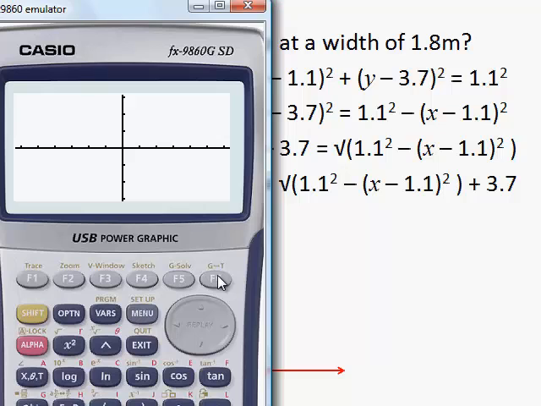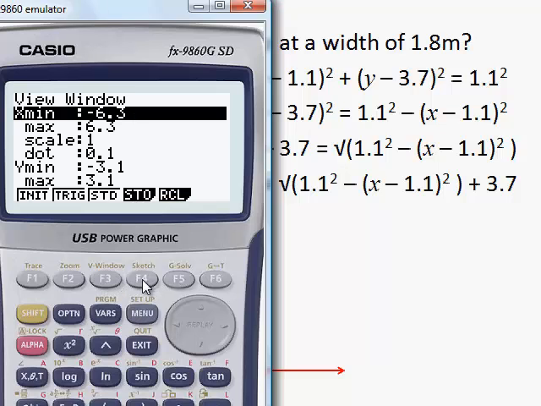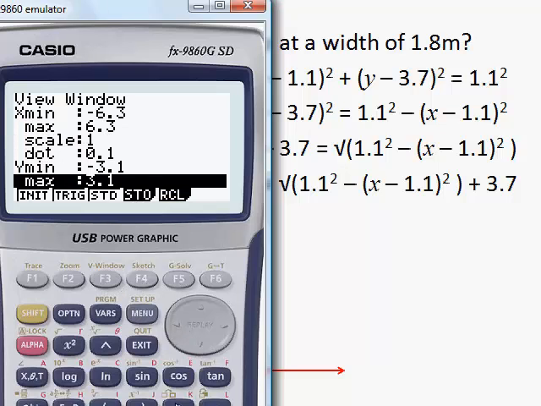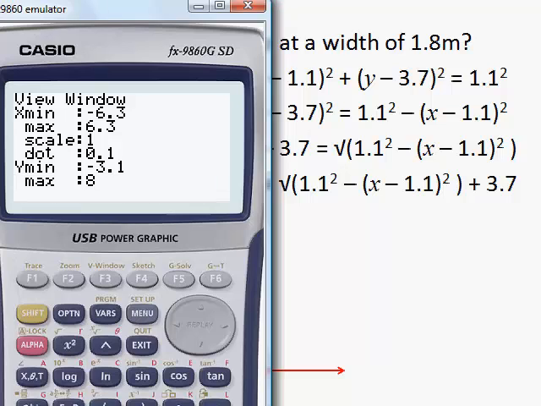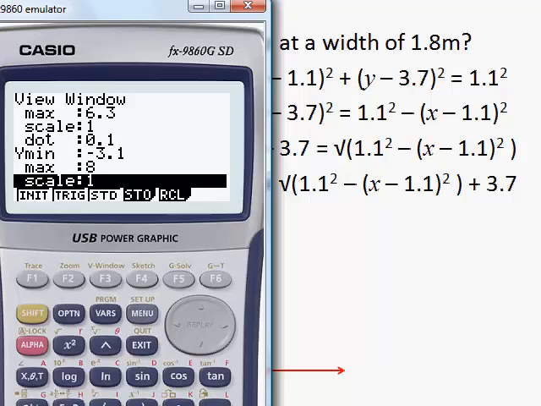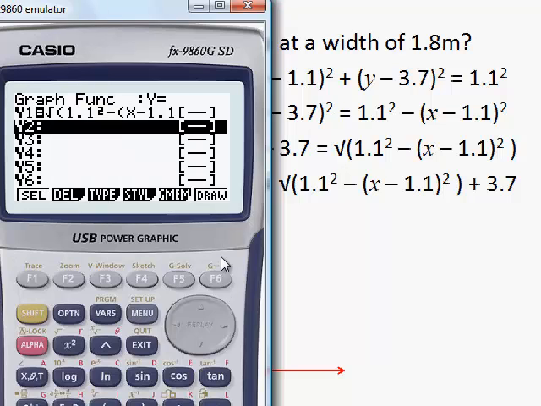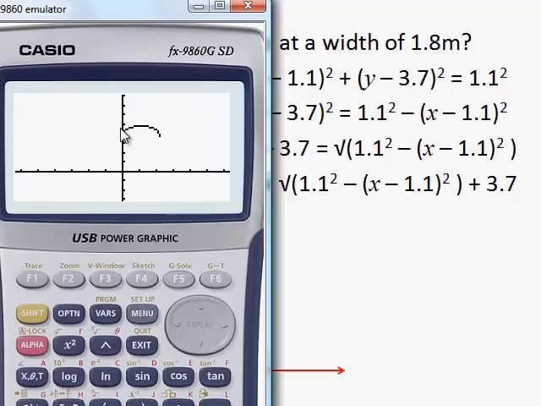We can't see it, of course, because it's off the top of our window. So in view window, we go and we extend the y-axis to 8, and then when I draw it, there it is. That's the top half of my curve. Very good. What do I do now that I've got it?